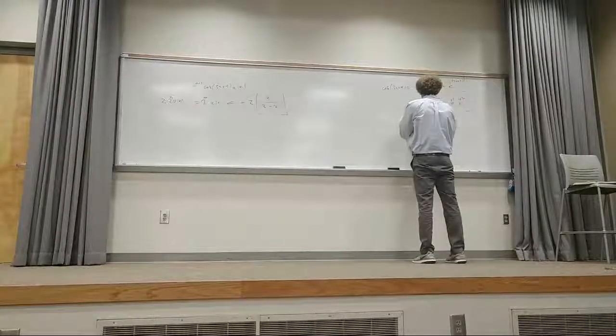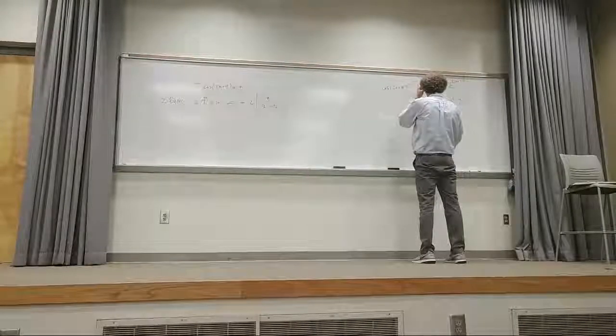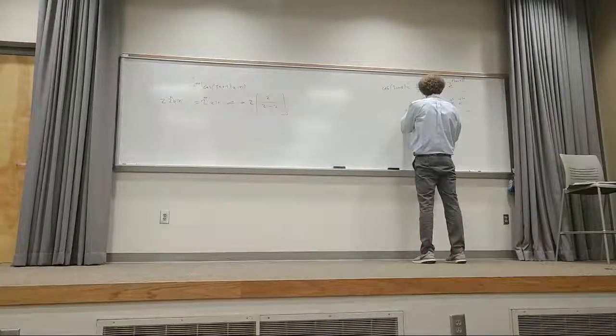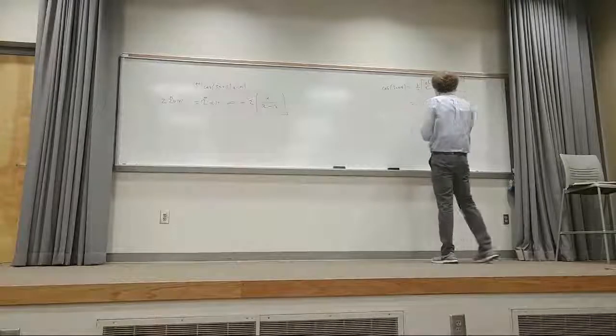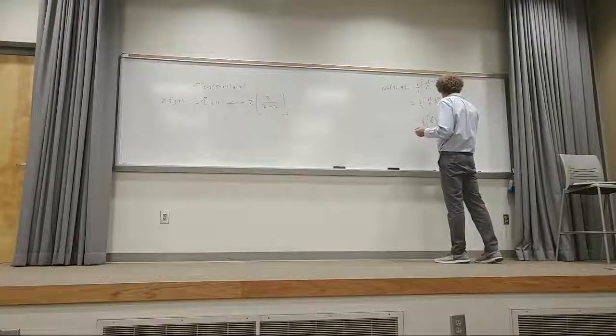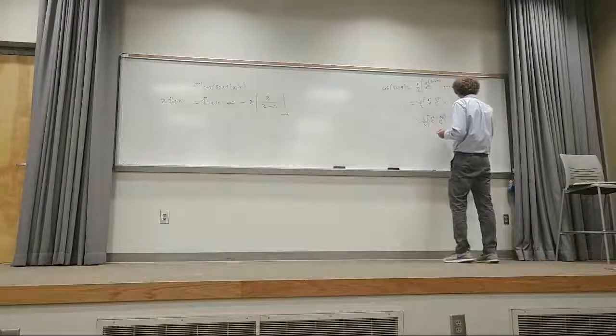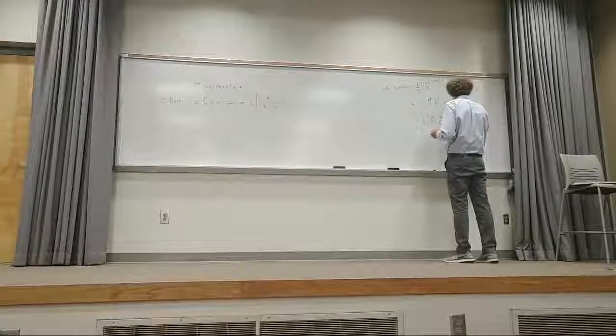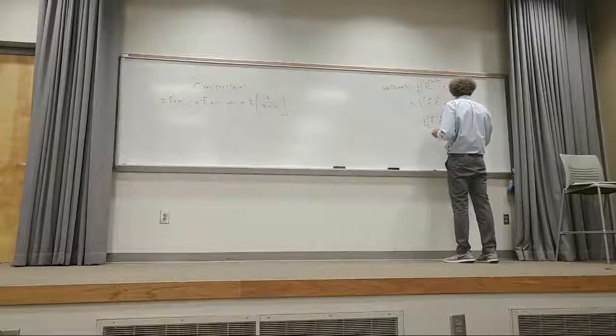I have this as really equal to 1/2 times e to the j4 times e to the j3 to the nth power, plus e to the minus j4 times e to the minus j3 to the nth power.